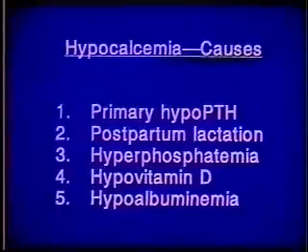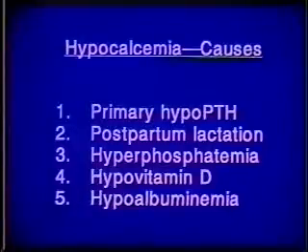Hypocalcemia is when the serum levels are below normal. The usual established lower range of normal is 9 milligrams per dL. We're not going to see signs until the calcium levels drop below 7 milligrams per dL, and the signs are mainly manifest with neuromuscular irritability.